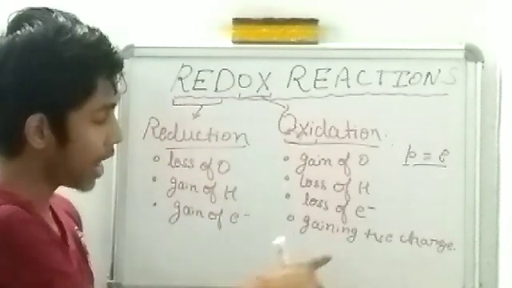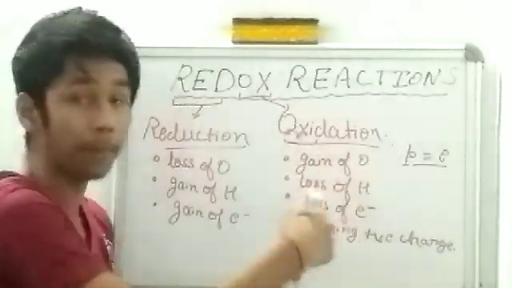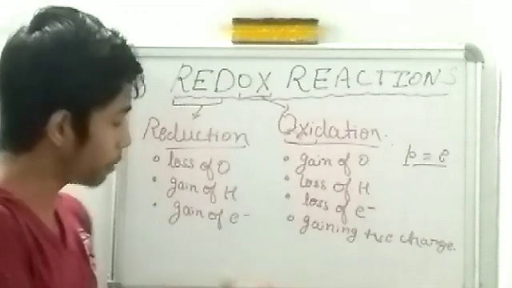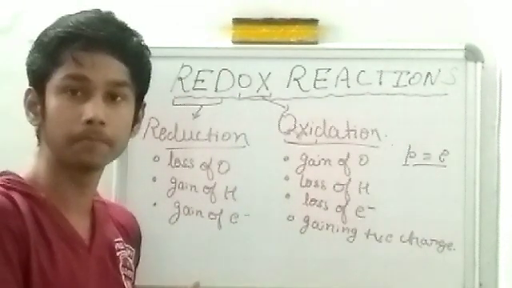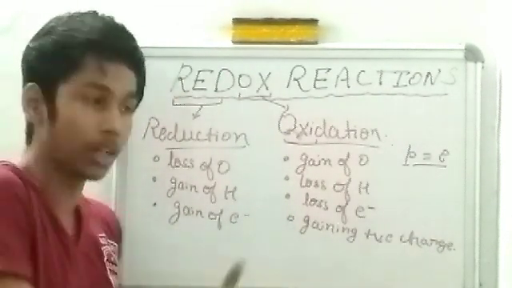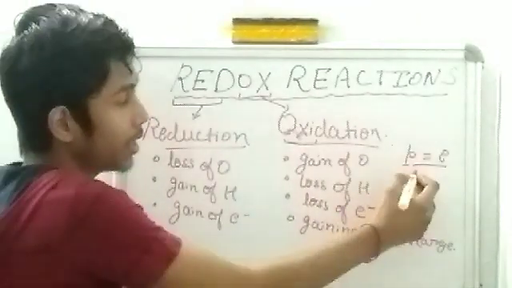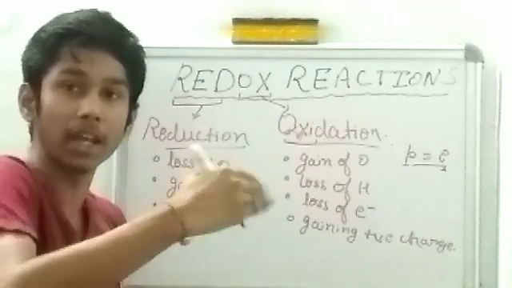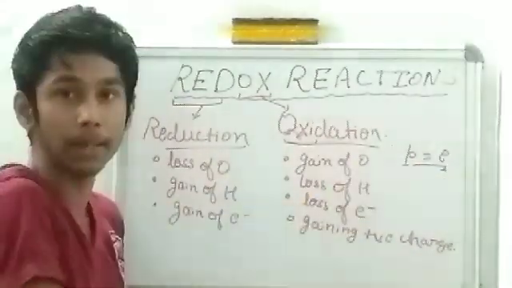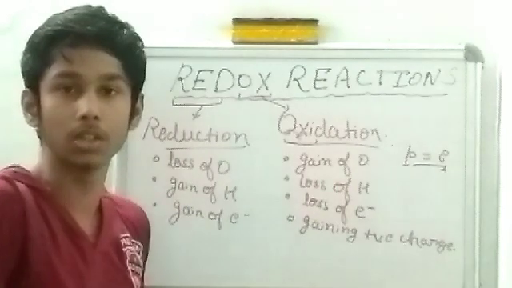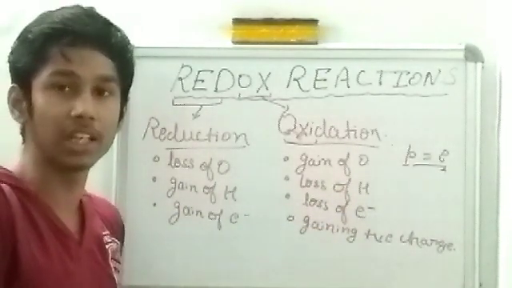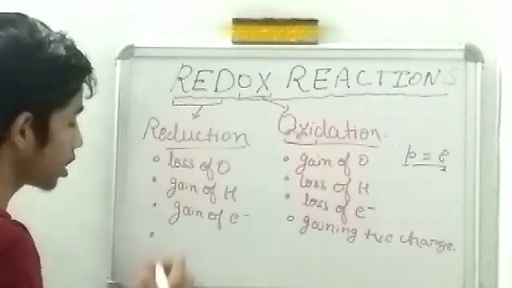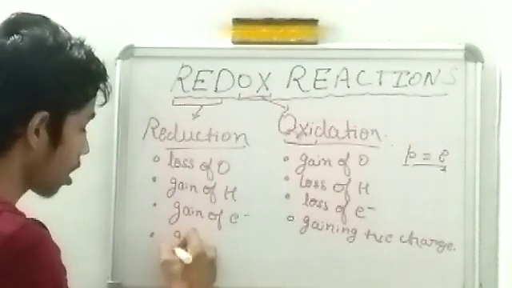Here it was gaining positive charge, so here it will be gaining negative charge, because when an atom gains an electron, the number of electrons in that atom becomes more than the number of protons, so the atom gets a net negative charge. So the fourth is gaining a negative charge.